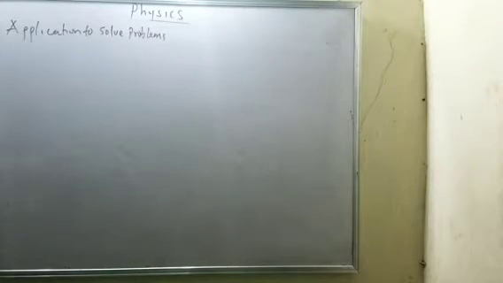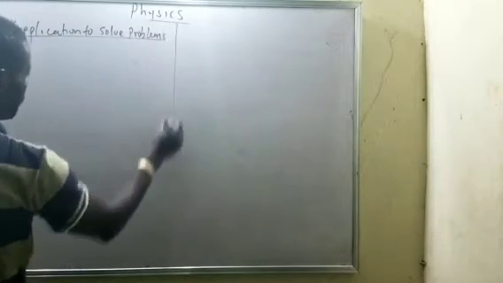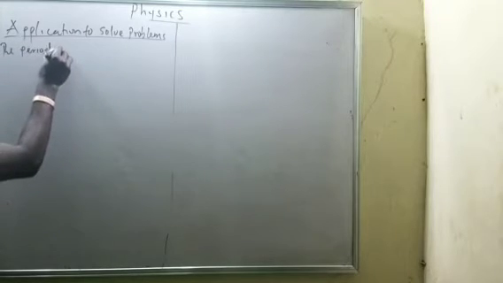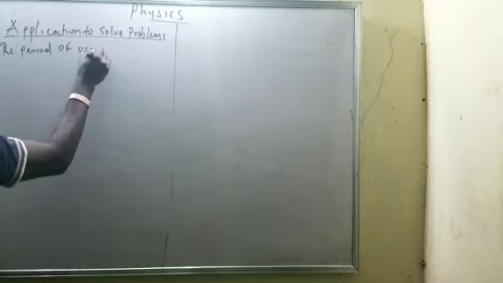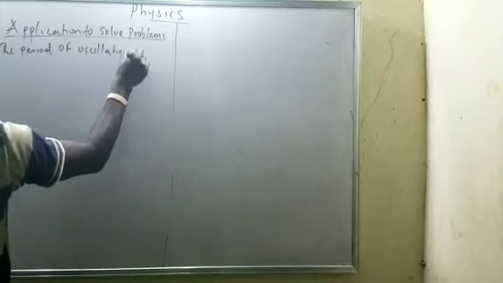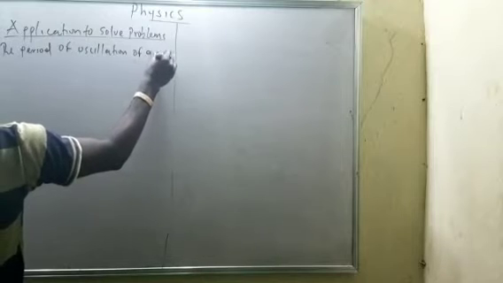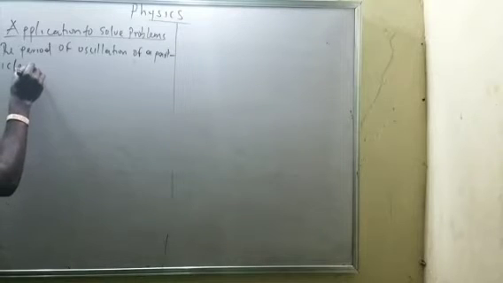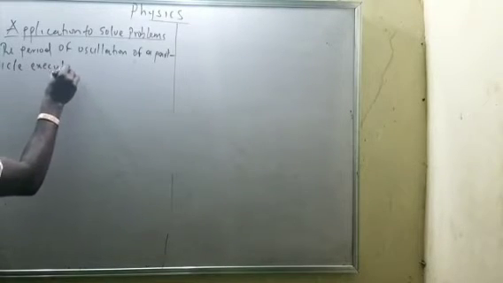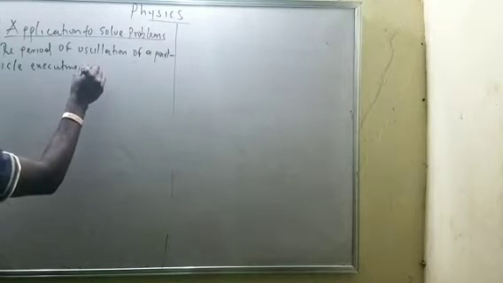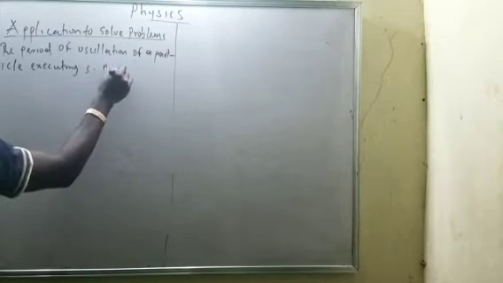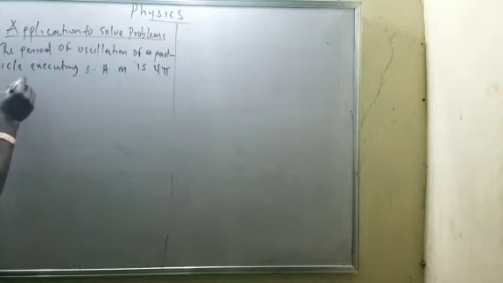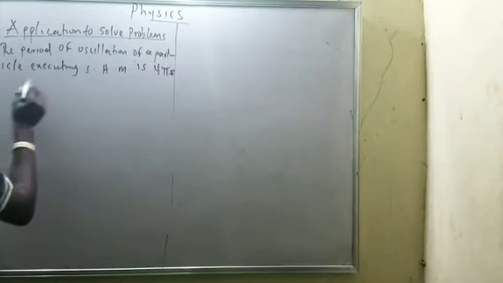Now let me start with problem number 1. The period of oscillation of a particle is 4 pi seconds.